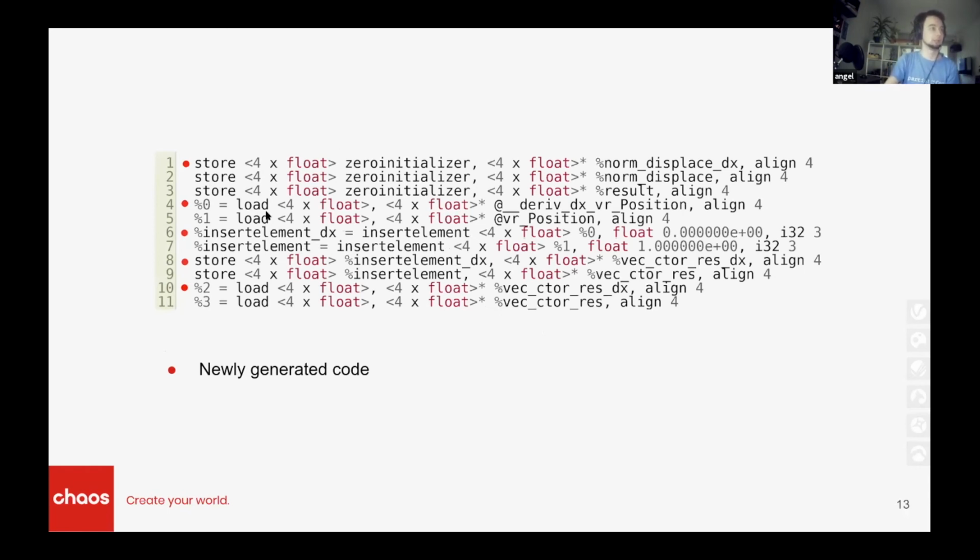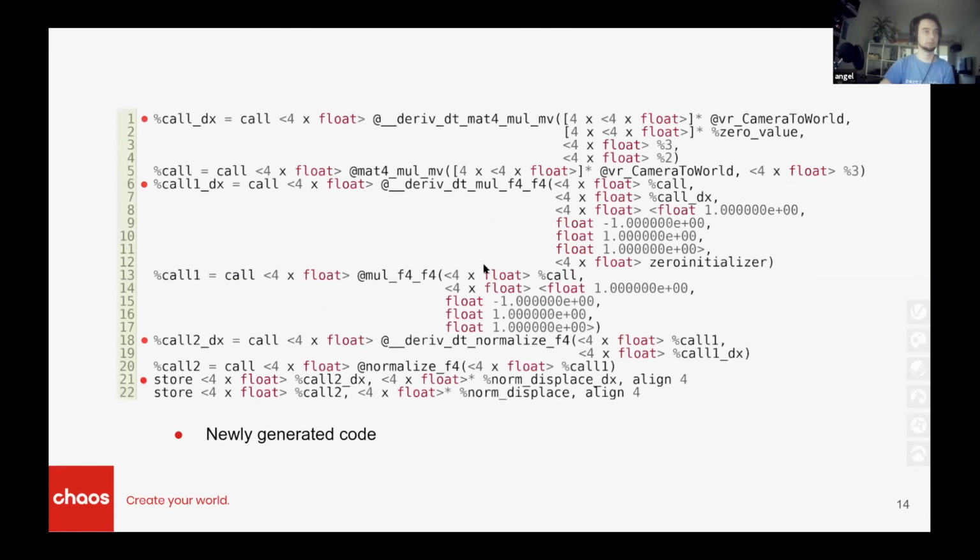So we see that we have gone through instructions, and for instructions referencing variables or functions, we have added the needed prefixes, and for loads and stores, we have simply duplicated them to do the same for derivatives.